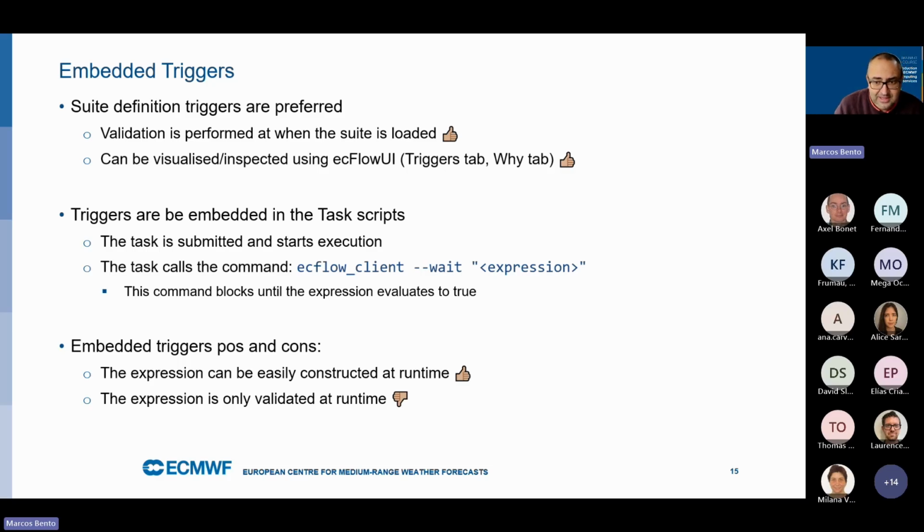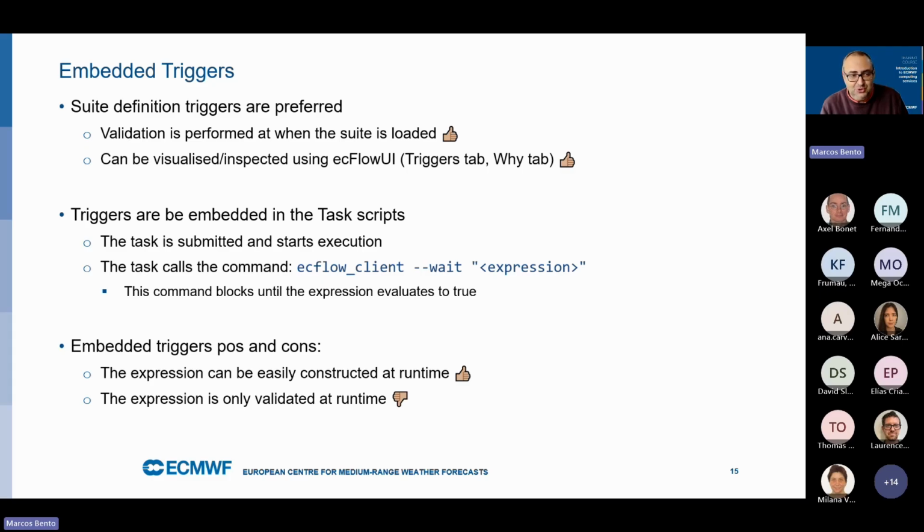ecFlow client waits, on an expression, just like the ones we were looking at before. This will make the task wait. It will freeze the task until that expression is true.